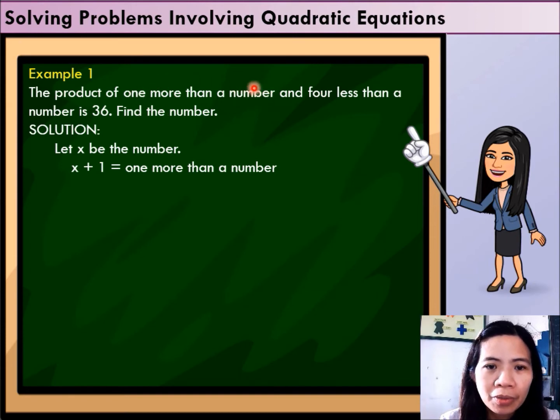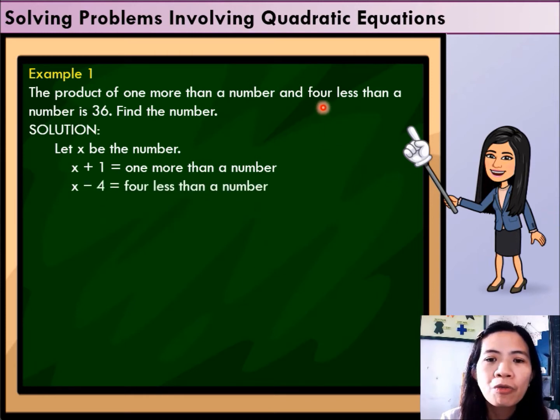So we are going to represent this with an expression. 1 more than a number means x plus 1. Then we have another one, 4 less than a number. So x minus 4. When we say 4 less than, it means we are going to subtract by 4. And then given here 36. What is 36? 36 is the product.